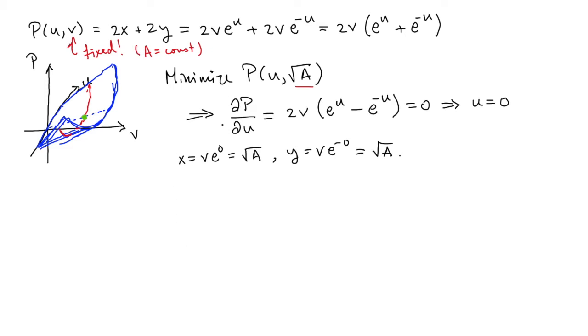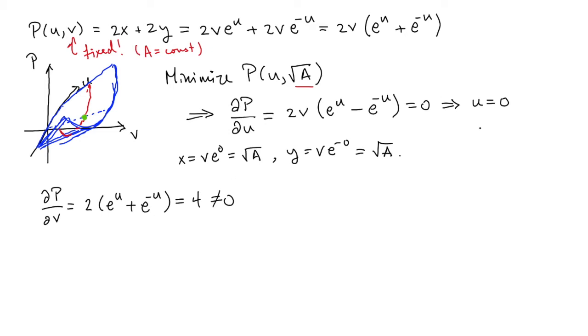Note that even though the partial of p with respect to u is 0, we might ask, what is the partial with respect to v? What does dp dv look like? Well, dp dv is equal to 2 times (e to the u plus e to the minus u), and plugging in at u equals 0, this is equal to 4. This is not 0.